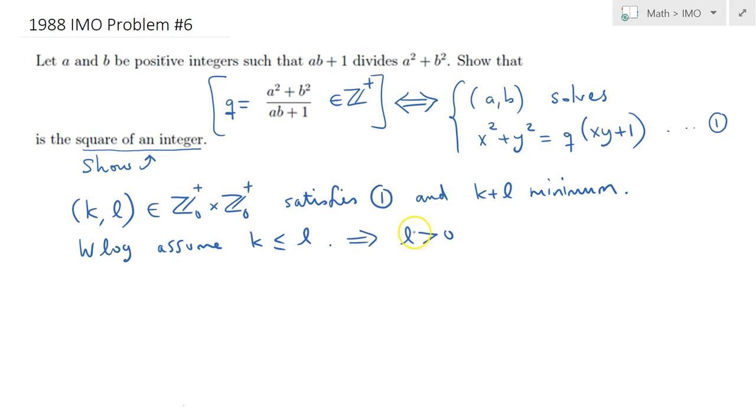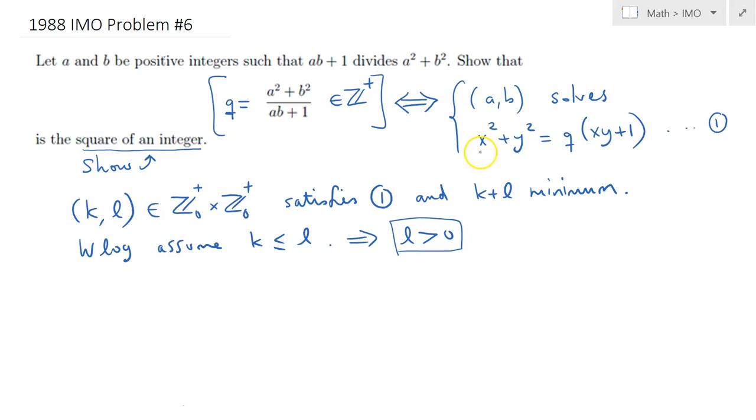Why is that? Because if L is 0, it means K itself is 0, because we are picking non-negative integers. When both of them are 0, (0, 0) is not a solution of equation 1. As a result, L must be greater than 0. K can be 0 or greater, but L is definitely greater than 0.